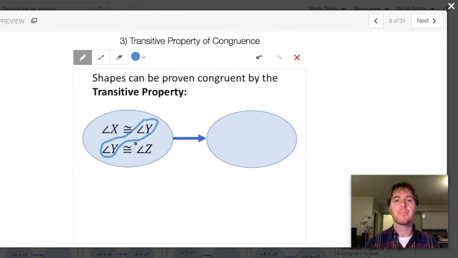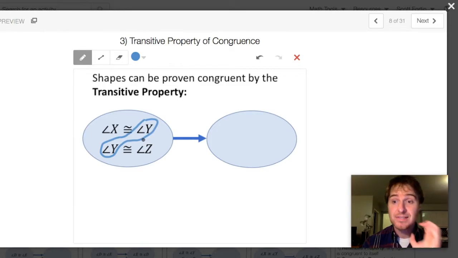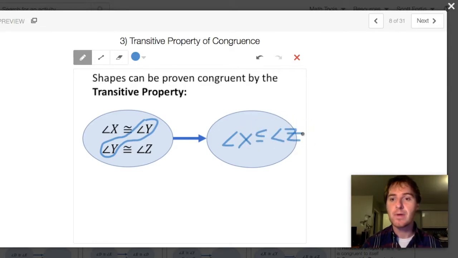Let's agree to something, the transitive property, that we can proceed with in math and make a statement based off of this. That's a brand new statement of congruency. What's the brand new statement that you think is super logical to jump to? Well, that is angle X is congruent to angle Z.